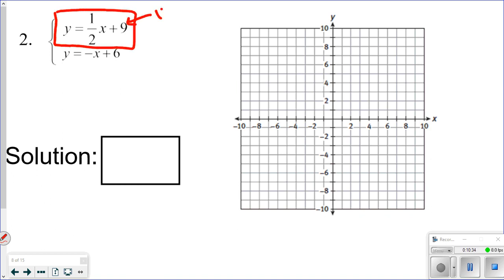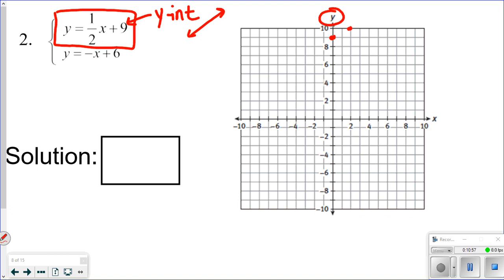This 9 here is our b value, our beginning point, our y-intercept on our y-axis. So let's go up to 9. And then our slope is positive 1 over 2. So this line needs to be increasing or inclining.